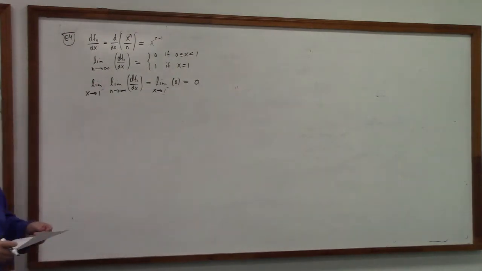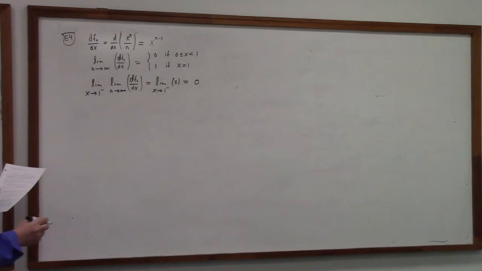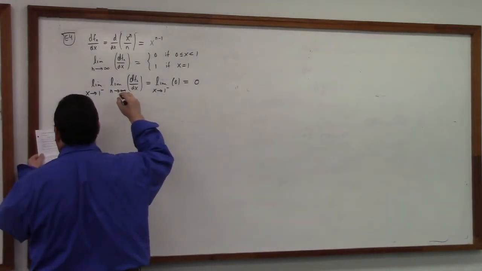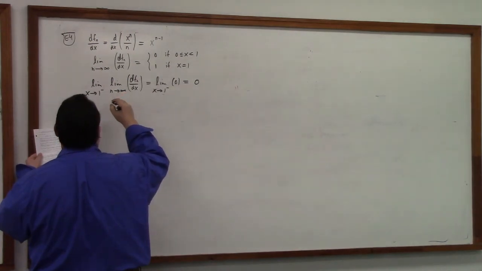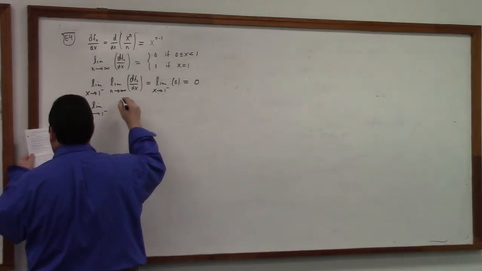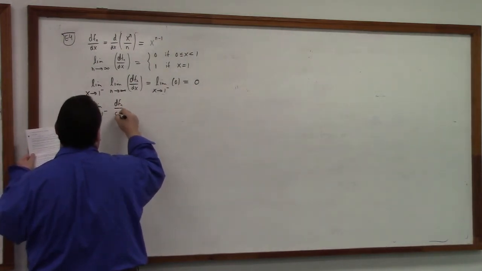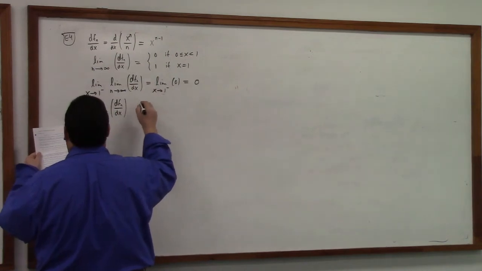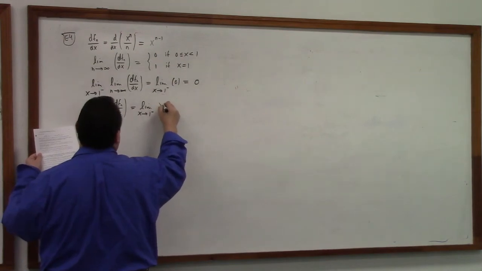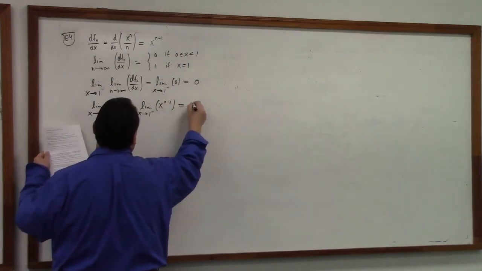So what's the point? Well, on the other hand, we can take the limit as x goes to 1 from the left of d f_n dx, and that will be the limit as x goes to 1 from the left of x to the n minus 1, which is just 1.